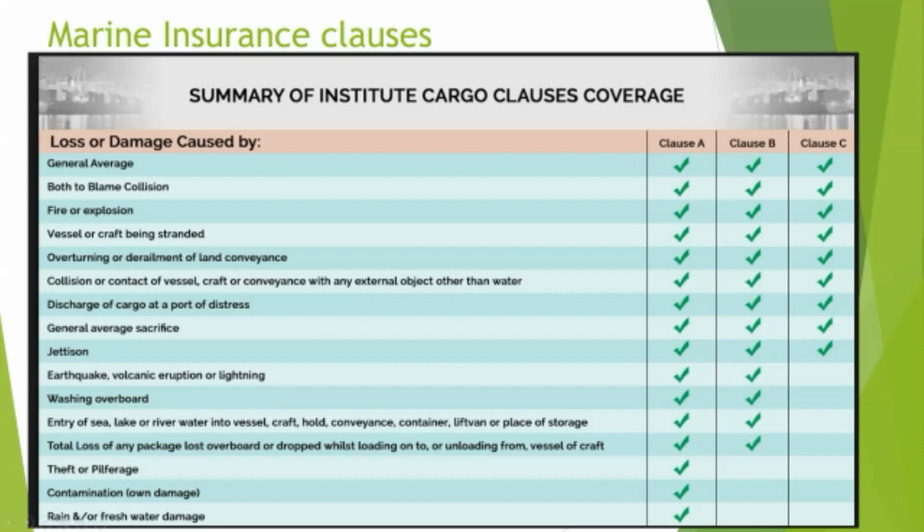Even for the earthquake or the volcano, you see here A and B are covering, C is not covering. So this is the difference between the 3 different clauses for the insurance.